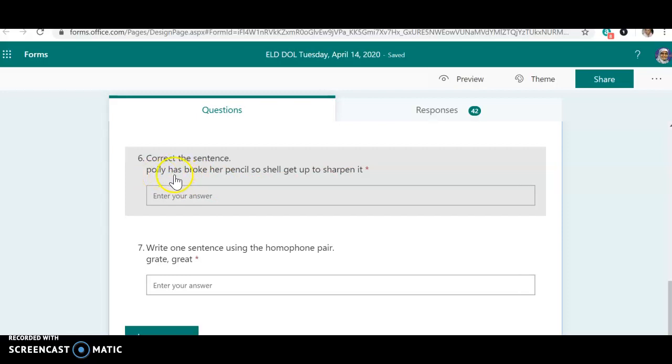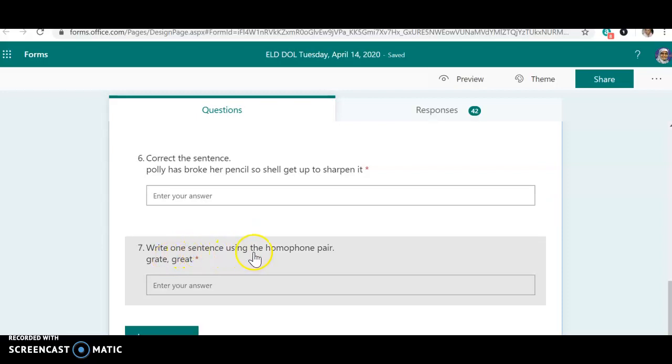When you have has and had, have, you use the third tense of the verb. So capital P has broken her pencil, comma, so she'll, this is the contraction of she will, so you put an apostrophe between E and LL. She'll get up to sharpen it, period. Those of you who wrote down she will get up, I gave the point to you.